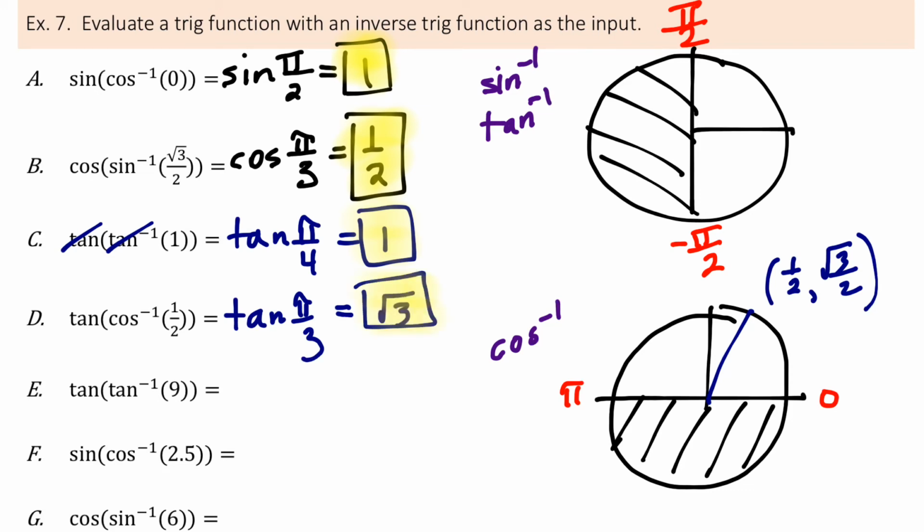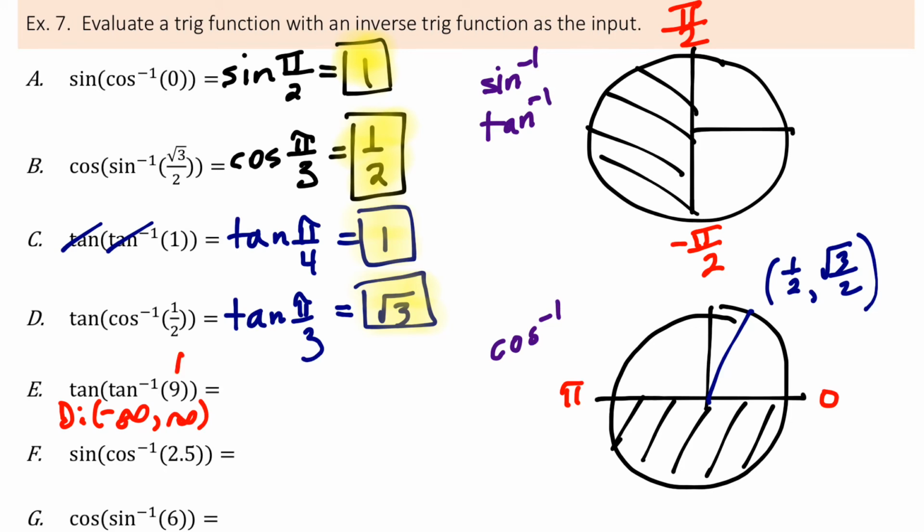On the next one, it says the tangent of the inverse tangent of 9. Basically the only thing we need to do here is figure out whether 9 is within the domain of the inverse tangent function. In your notes, the domain of the inverse tangent function is negative infinity to positive infinity, or all real numbers.